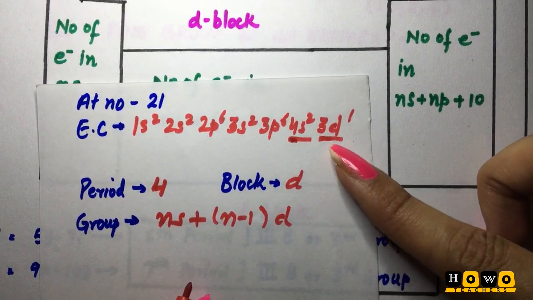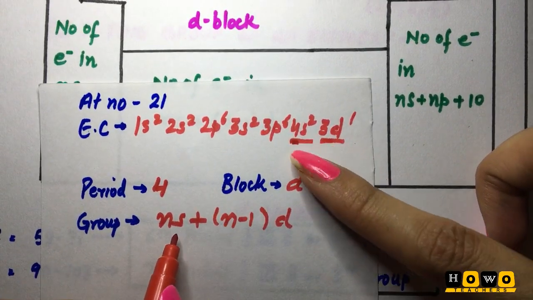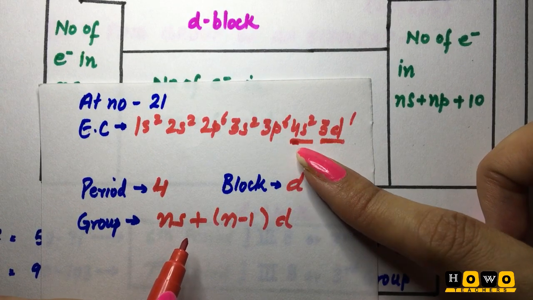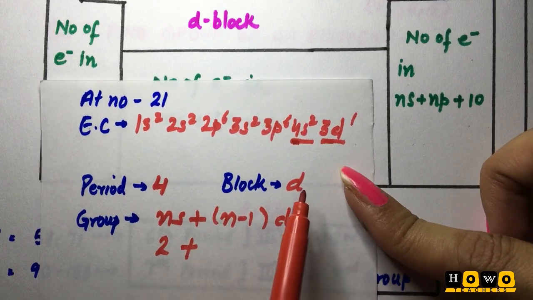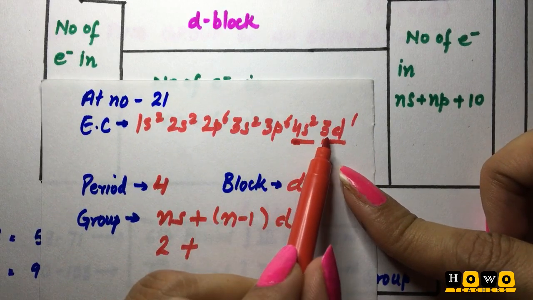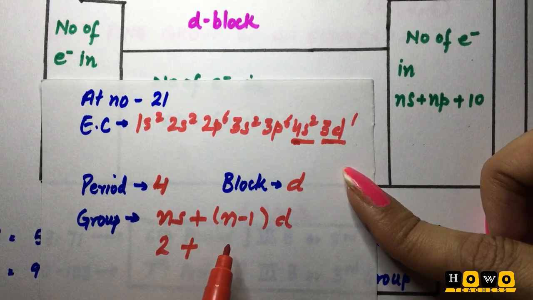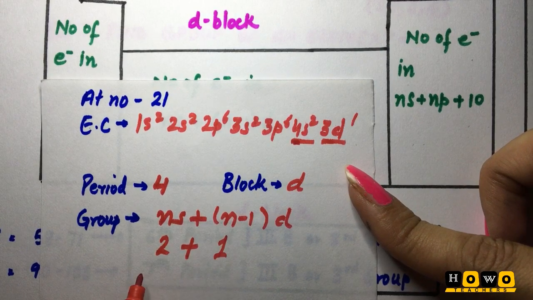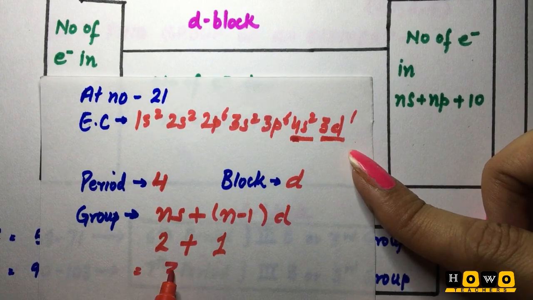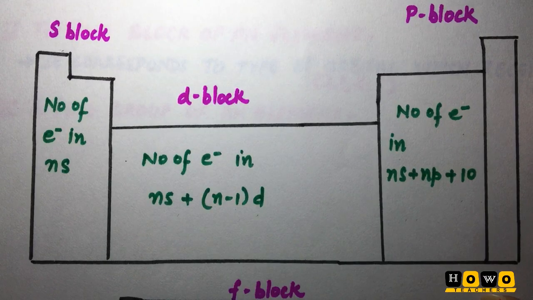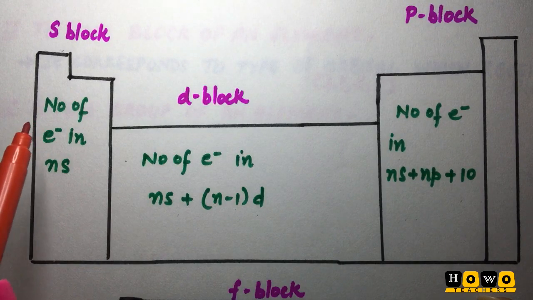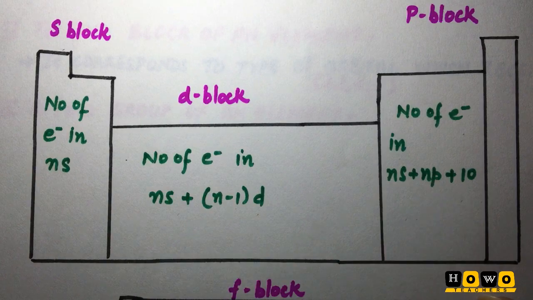I have to write the electrons. In ns, that is the maximum number, I am having the electrons, that is 2, plus n minus 1 means 4 minus 1, 3d. In 3d orbital I am having the electron, that is 1. So here comes 3. So the group number to which this element belongs is the third group. So this is how you have to find out the group number for S, D and P block.